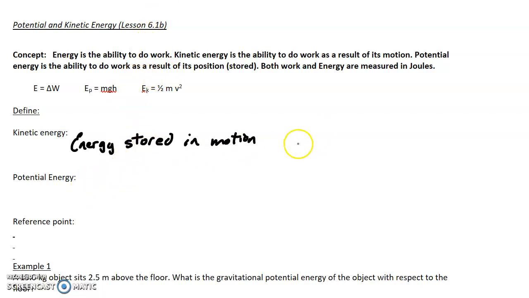For example, if you've got a very heavy medicine ball coming towards you, you might really feel that force and be impacted by some sort of distance because of the motion of that ball as it comes into contact with you.